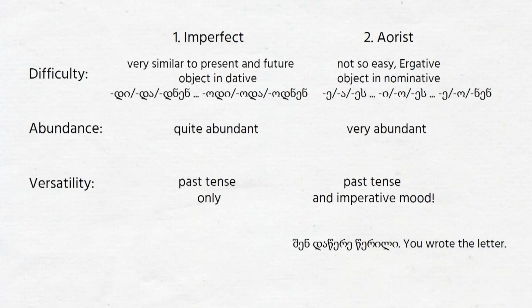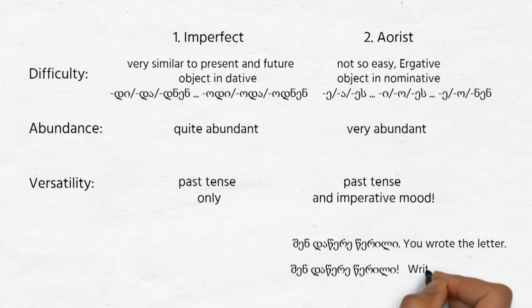But if you say shen datz ere erili, it's the imperative mood. Write the letter. So it's the order to write the letter. And just by the context and by how people are expressing the aorist, you know that they are either just expressing something that happened in the past, or they are giving an order. So if you know the aorist, you know the imperative mood as well. So that comes quite in handy.